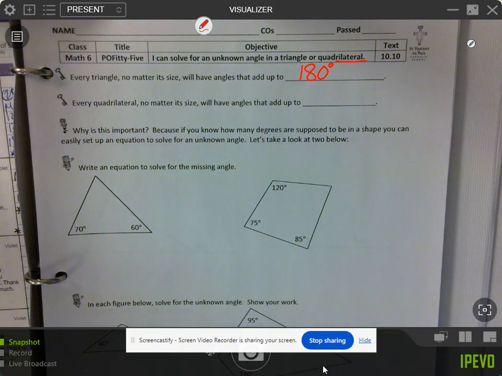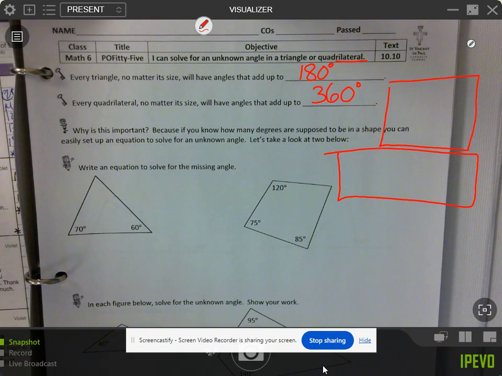Why would it be 360 degrees? If we think about a quadrilateral, no matter its size, no matter how it's shaped, quadrilateral has those four sides. Let's just do these two. Look at what happens when I cut it in half.